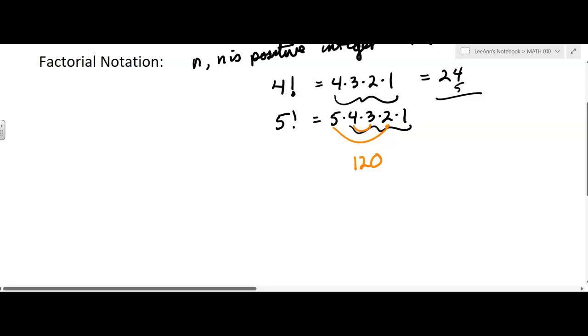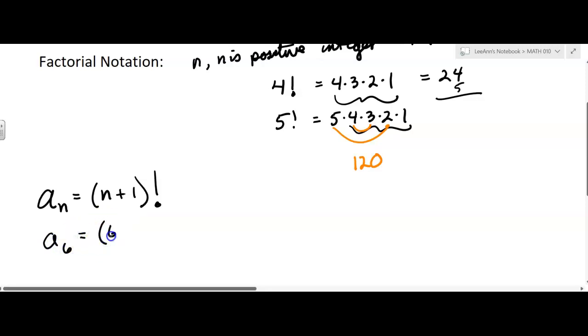Okay, so just a couple things about factorials. One, they can write formulas, like recursive formulas or explicit formulas, with a factorial. So say you have a formula a sub n equals n plus 1 factorial, like that. And you want to find a sub 6.